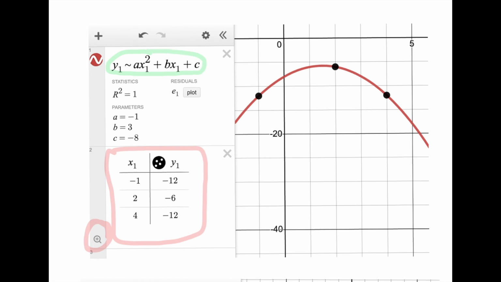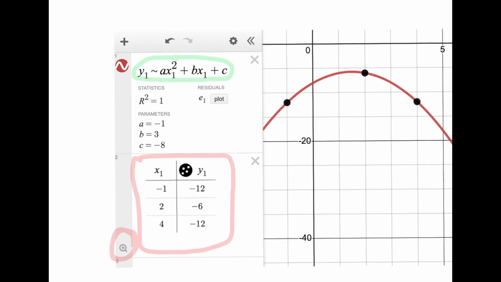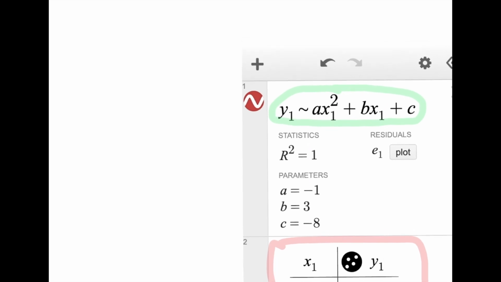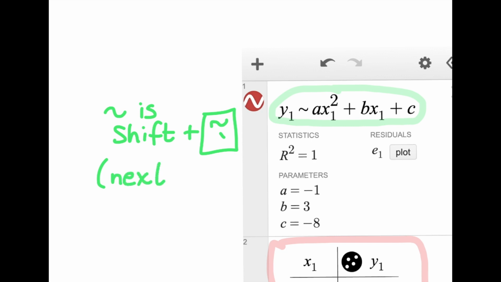And remember that that tilde, or that curly thing next to the y, that is shift, and then the key next to the 1 key, on the left side of your keyboard.